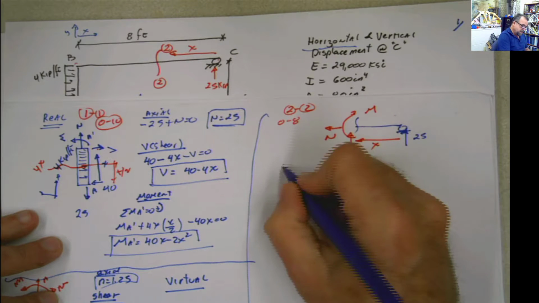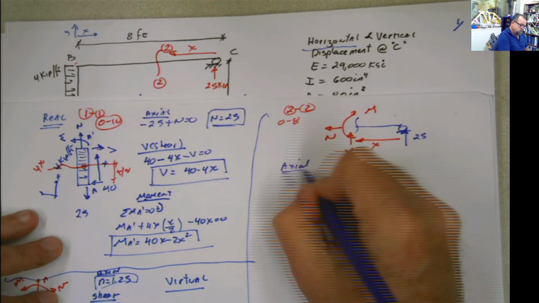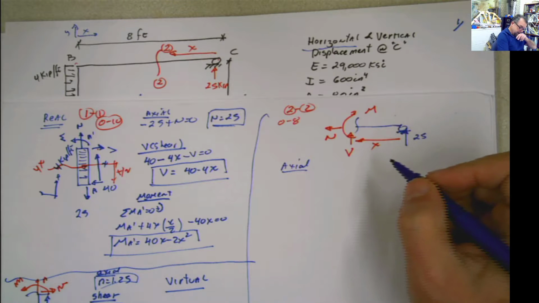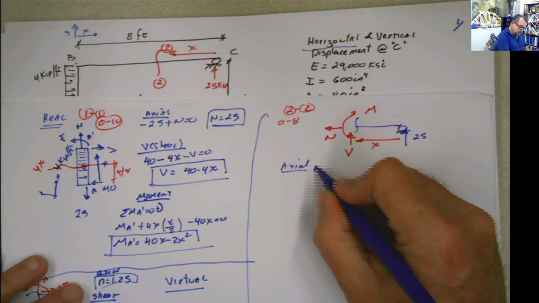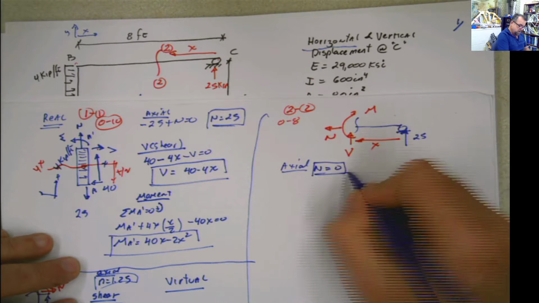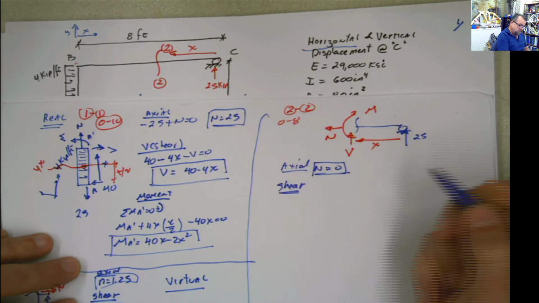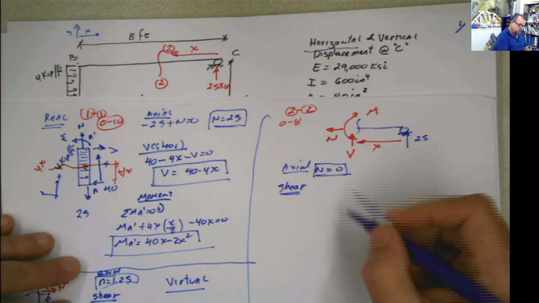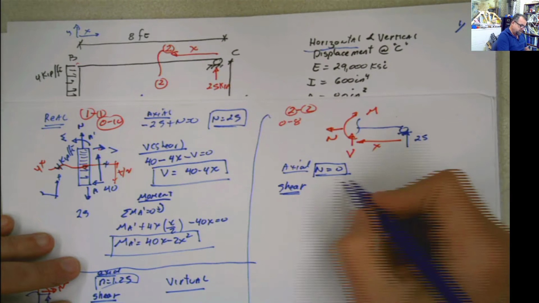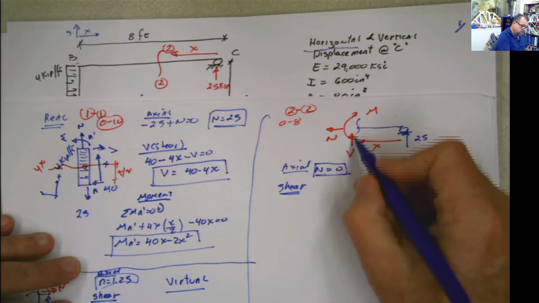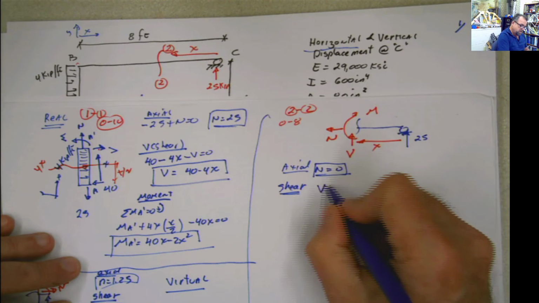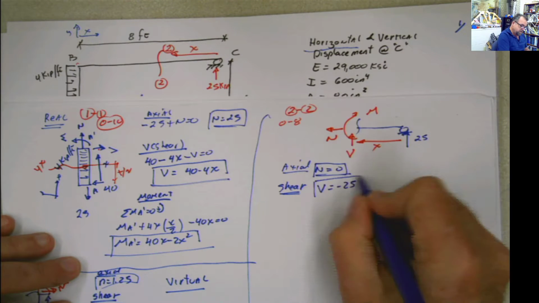Summation of forces axial. Summation of forces in x equals 0. N equals 0. Shear. Summation of forces in y equals 0. Minus V plus 25 equals 0. V equals negative 25.